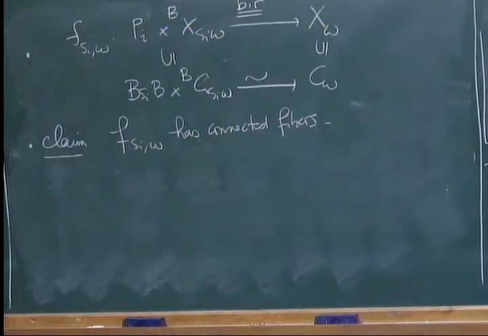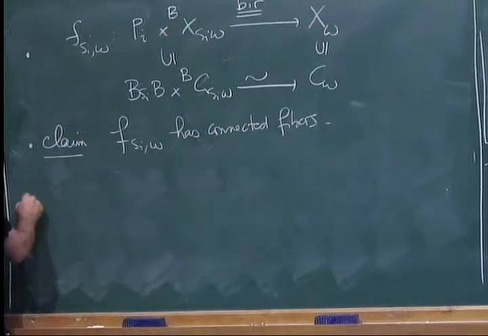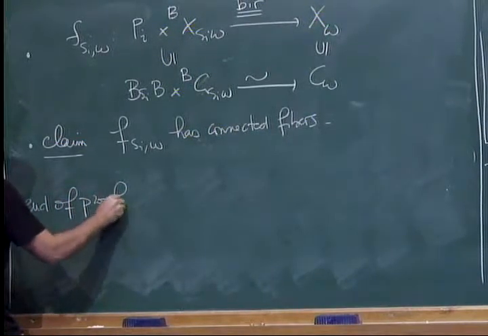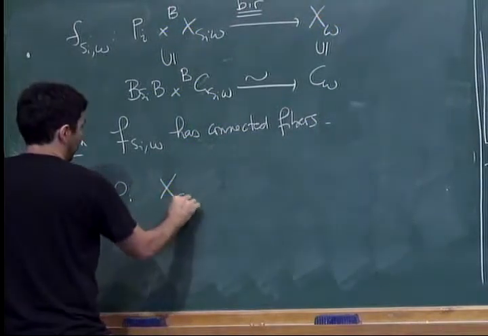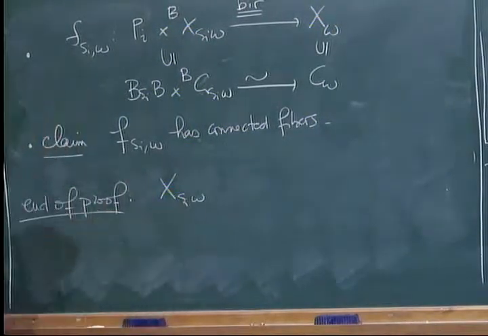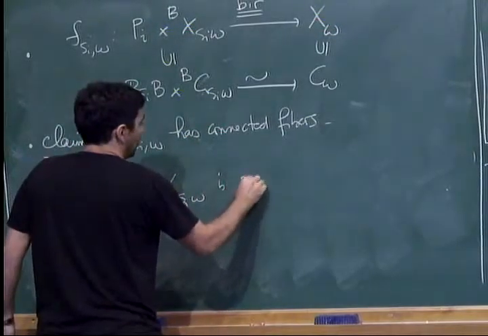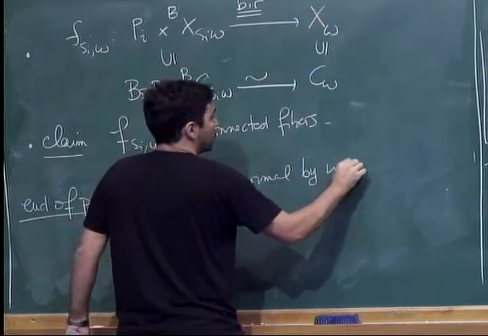And now, say, the conclusion of the proof. The length of Si omega is less than the length of omega, so X Si omega is normal by induction.